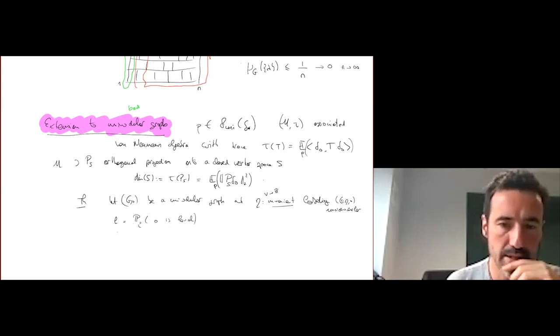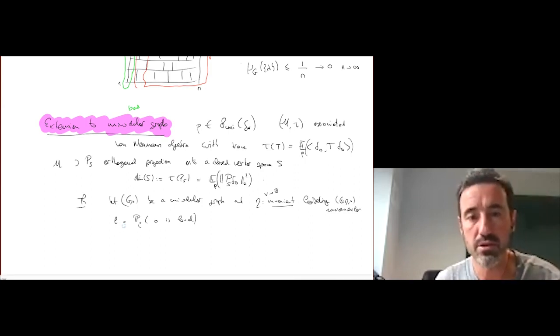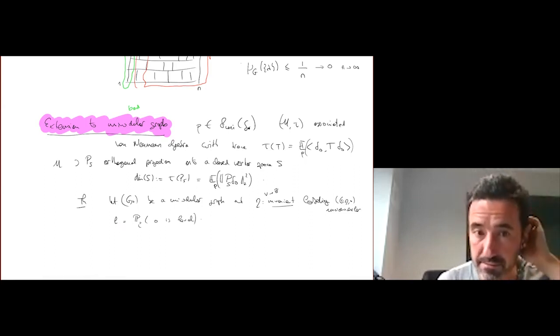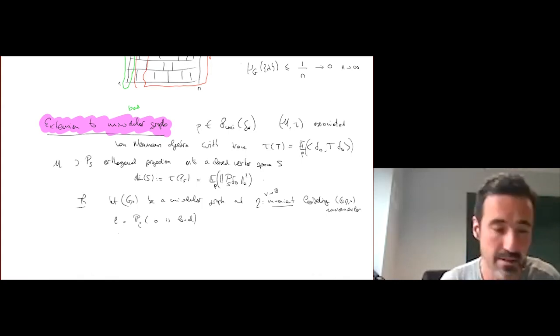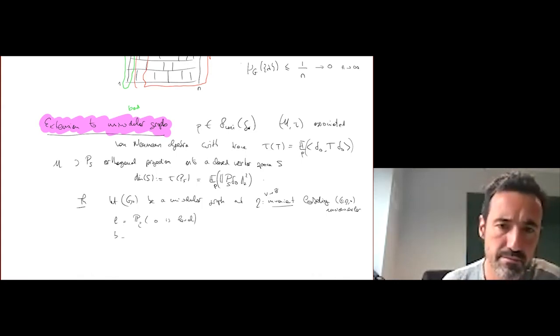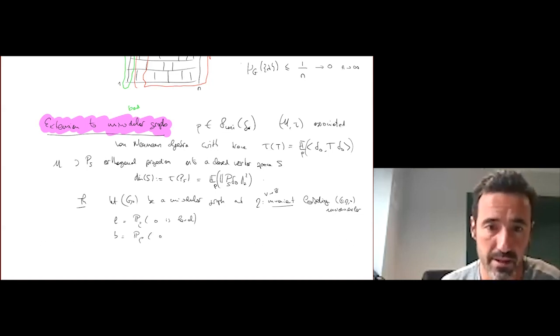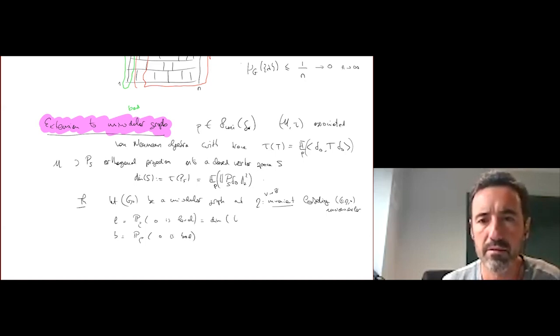So this is the fundamental dimension of the level sets of the level vertices. You look at B to be the fundamental dimension of the bad vertices.